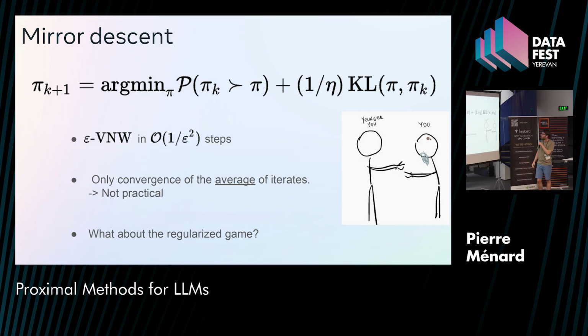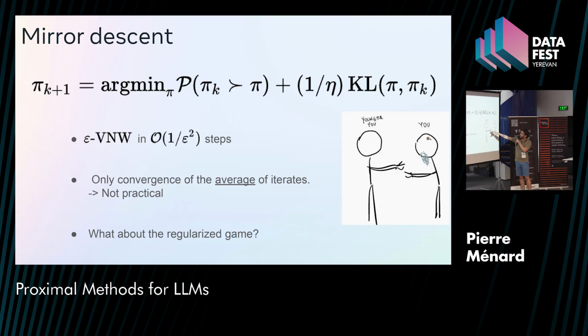And the intuition behind it is as if you are playing, so this is a drawing, I don't know if you can see it, two players playing rock, paper, scissors. It's as if you are playing against a younger version of you, the last iterate. You know the strategy of your past opponent, and you just react to it.